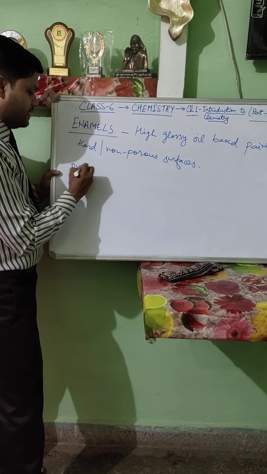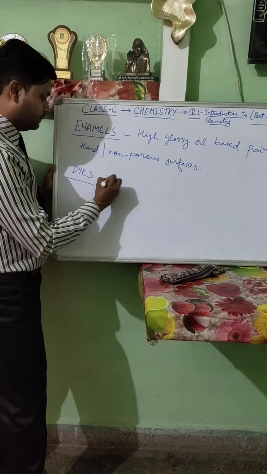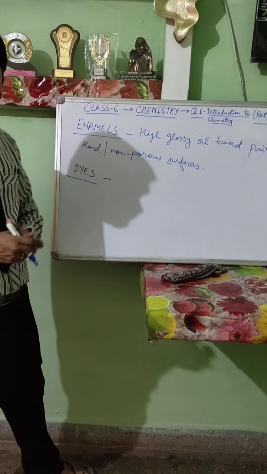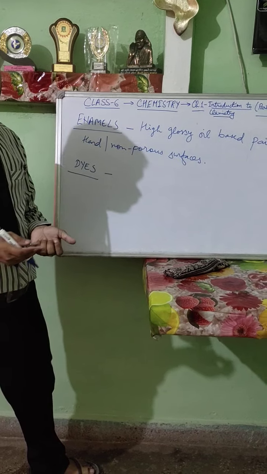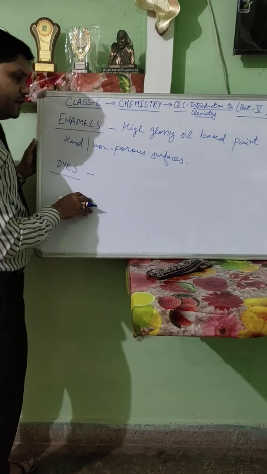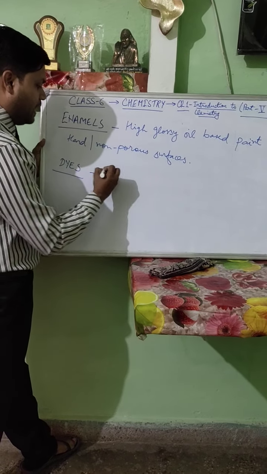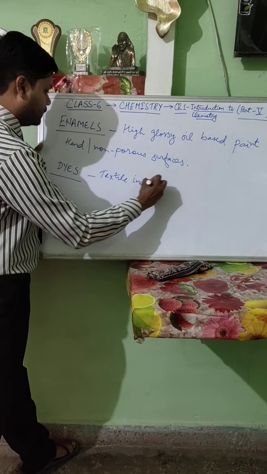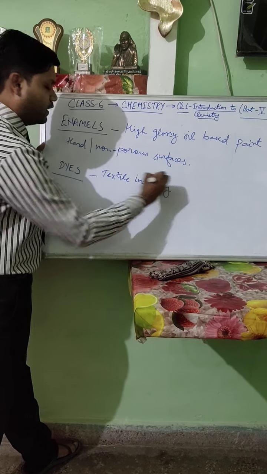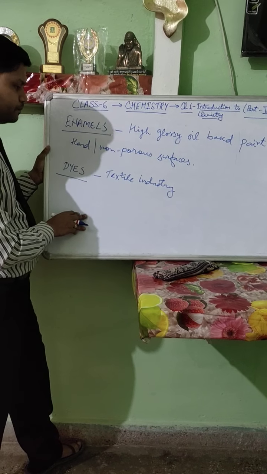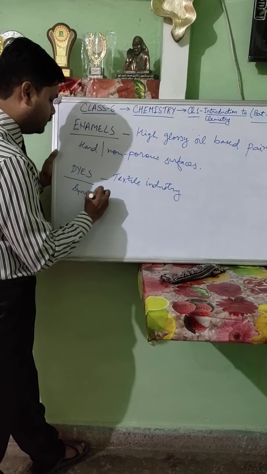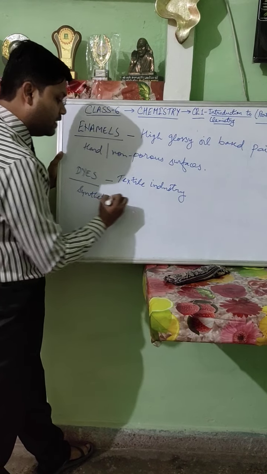Next topic is dyes. Where are dyes used? Nowadays we are wearing different colors of clothes, and different colors are provided by different dyes. Dyes are mainly used in textile industries for coloring different objects. Dyes are also of two types, synthetic and natural.